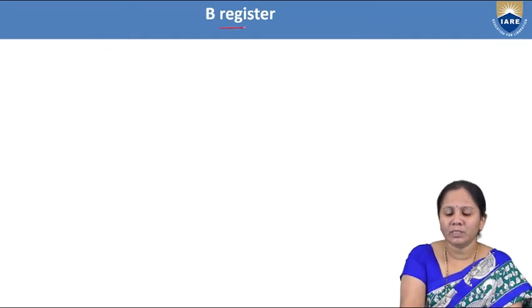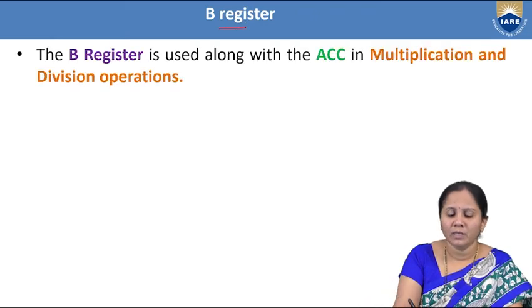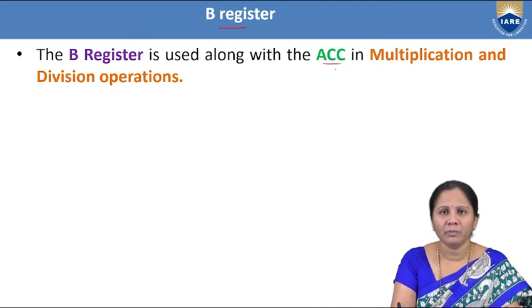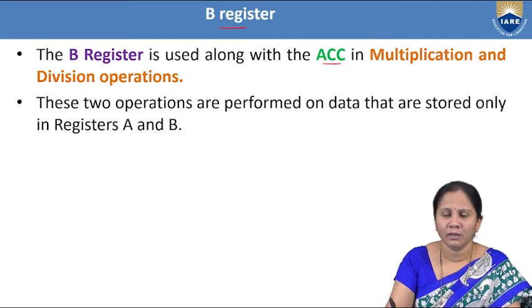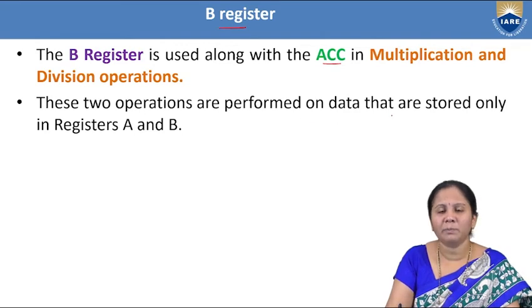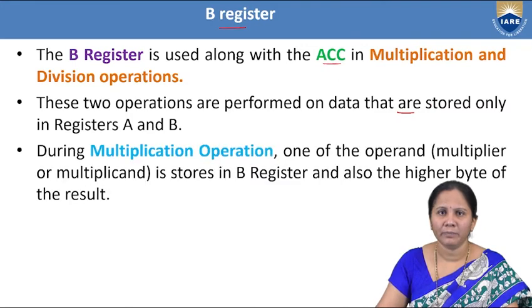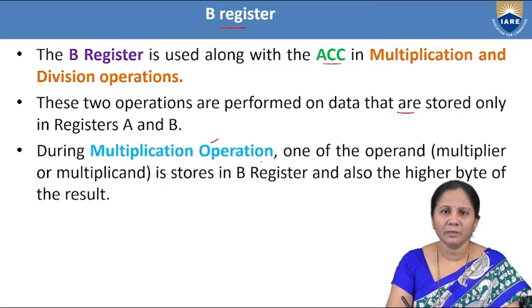Another CPU register is the B register. The B register is used along with the accumulator. In order to perform any multiplication or division operations, we have to use this B register along with the A register. These two operations are performed on data that are stored only in registers A and B. For example, to perform a multiplication operation, we require 2 operands.